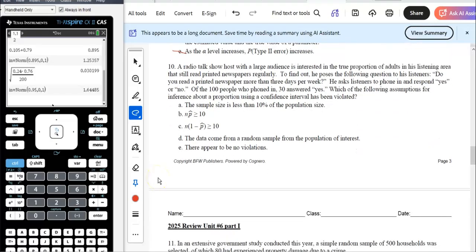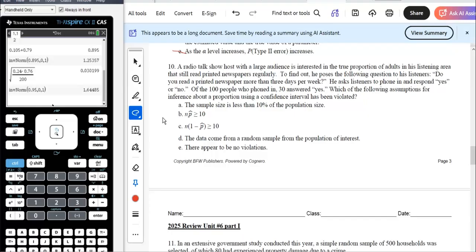A radio talk show host with a large audience is interested in the true proportion of adults in his listening area that still read printed newspapers regularly. To find out, he poses the following question: Do you read a printed newspaper more than 3 days a week? He asks listeners to phone in and respond yes or no. Of the 100 people, 30 said yes.